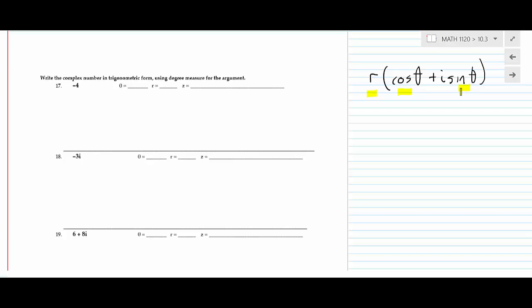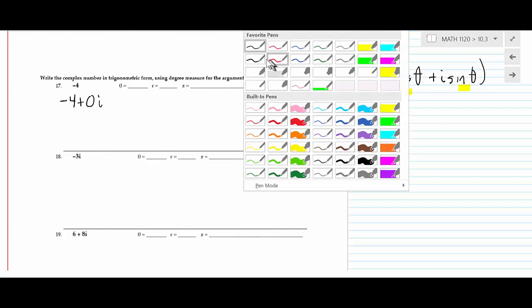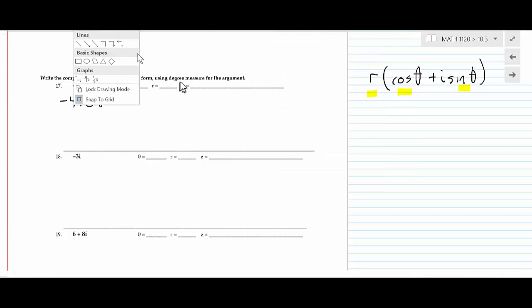Now, r and theta is in polar coordinates, right? So a lot of times we call this the polar form of a trigonometric number. So what we're going to do on this one is write this as -4 plus 0i. Now, when you do these problems, my recommendation is to always draw a picture.